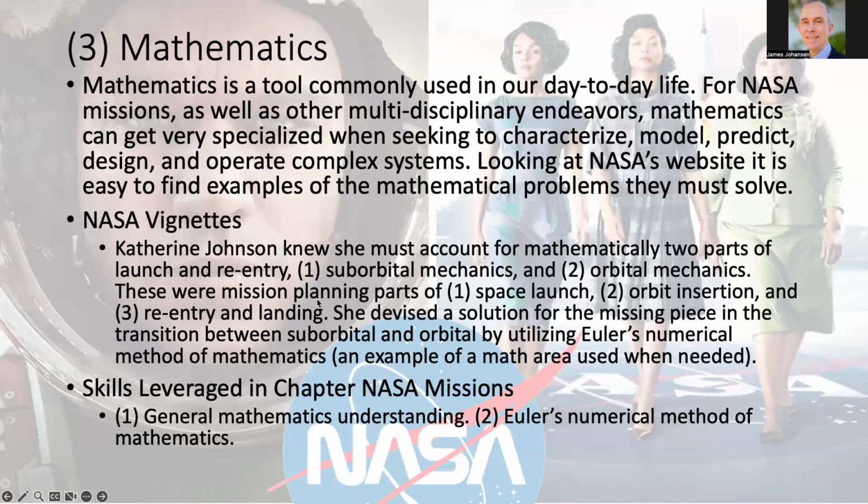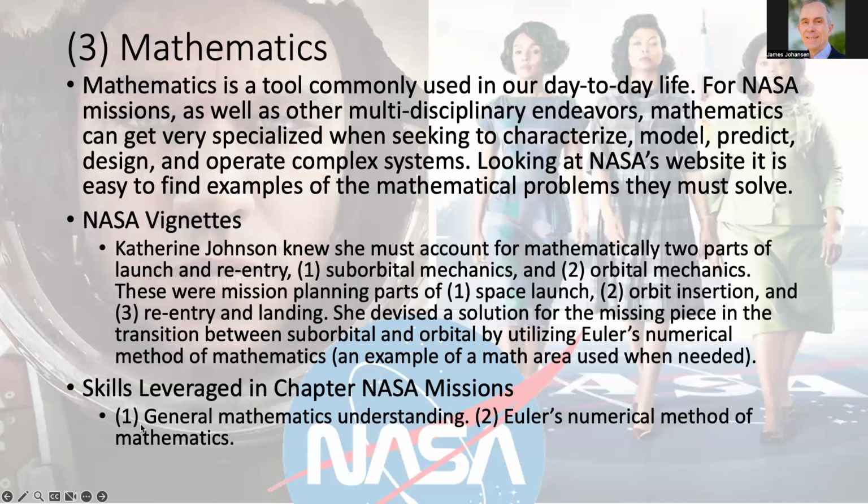And these were mission planning parts of space launch, orbital insertion, reentry, and landing. And so she devised a solution for the missing piece in the transition between suborbital and orbital by using Euler's numerical method of mathematics. And so this is an example of a math area that she had available to her with her mathematical understanding that she could use and go from that.